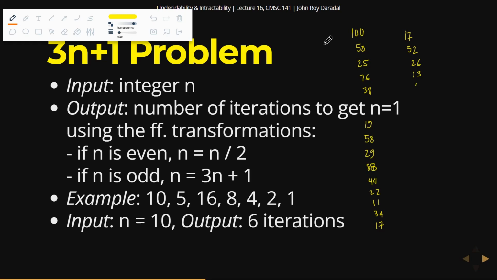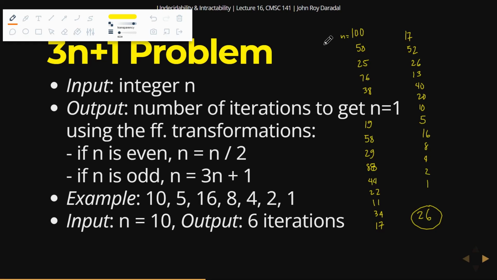Times 3, 39, plus 1, 40. 20, 10, 5. And then you have the same pattern here: 16, 8, 4, 2, 1. So there are way too many transformations for n equal to 100, and in fact there's a total of about 26 iterations.